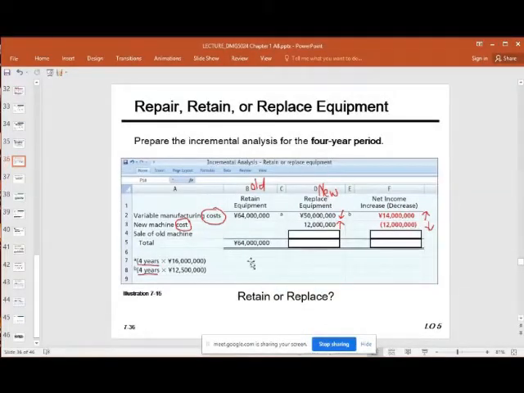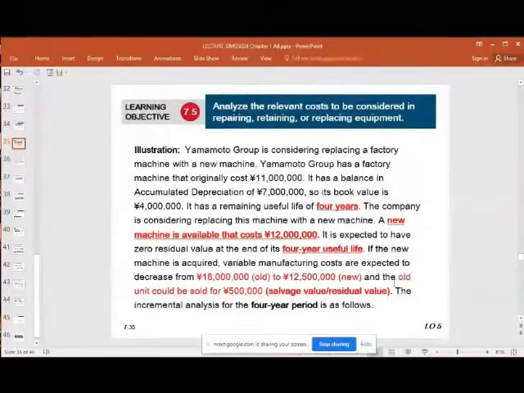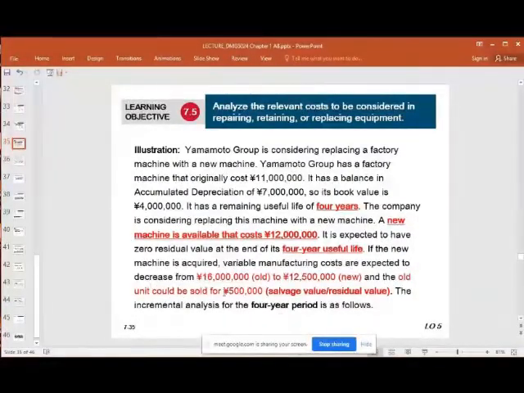And the last one is sales of old machine. So when you sell the old machine, you actually get money, right? So this is your income. So let's see how much when you sell the old machine. The old unit could be sold for 500,000.